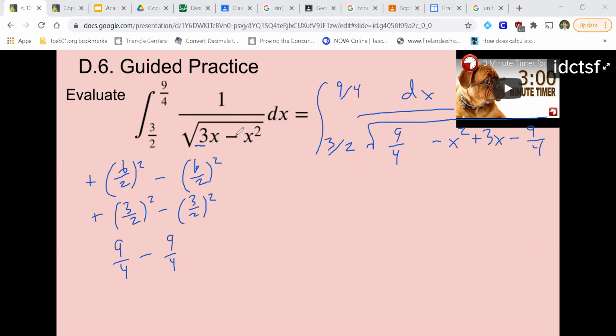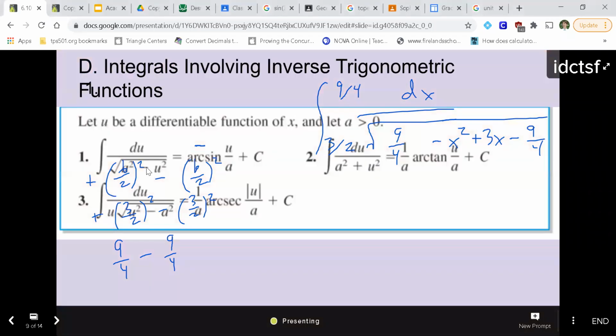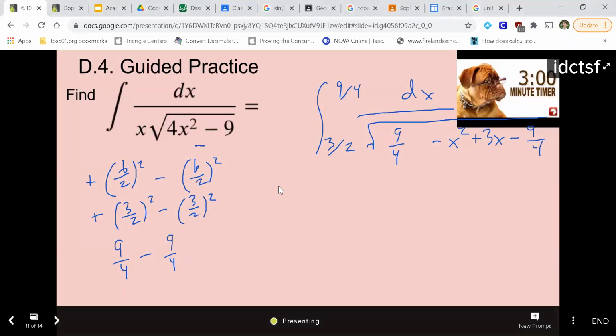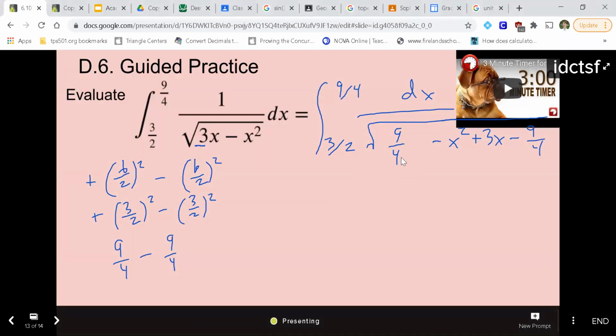Because our leading coefficient x squared is negative, and it's supposed to be negative u squared in the formula, it's a little weird, but you have to put the negative term next to your trinomial and put the positive term out in front, unlike the previous example.